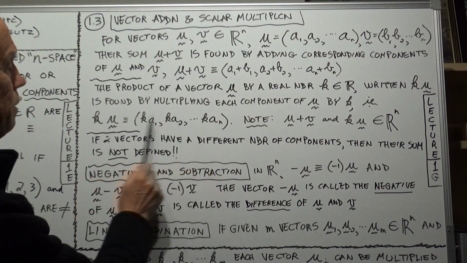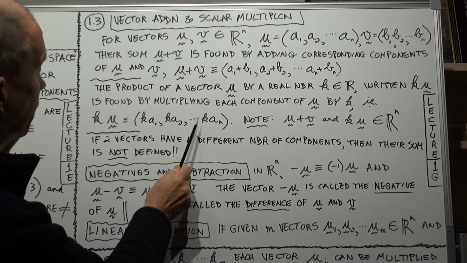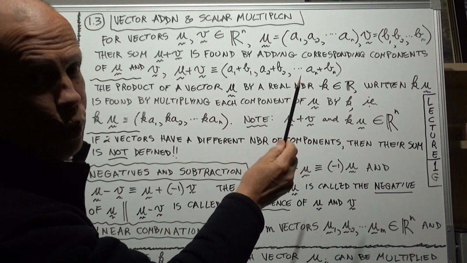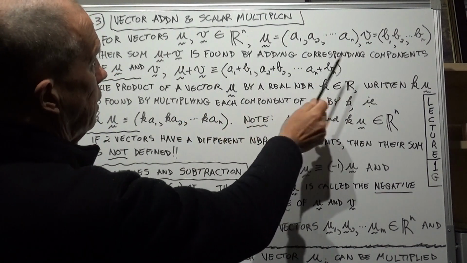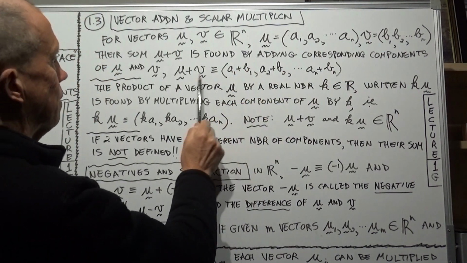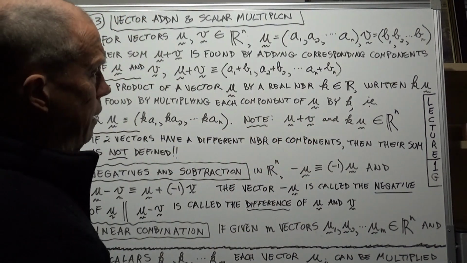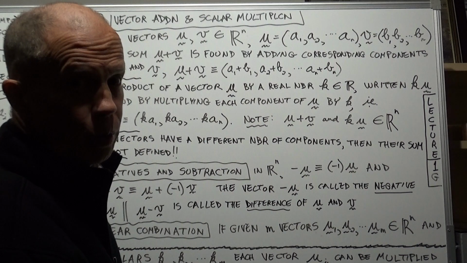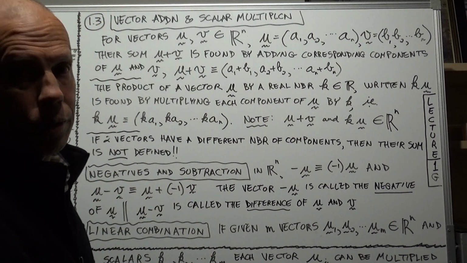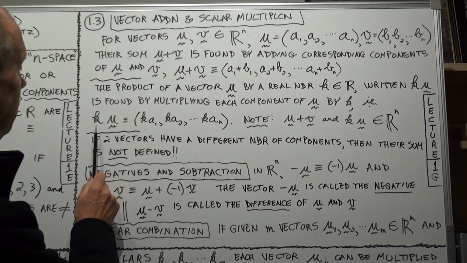Okay, so that's the definition of multiplying a general n-dimensional vector by k, and that's the general definition of adding two vectors in n-dimensional real space.